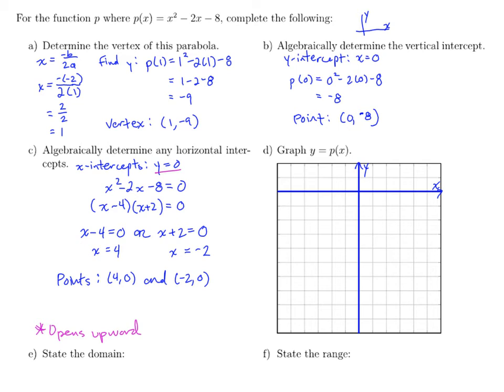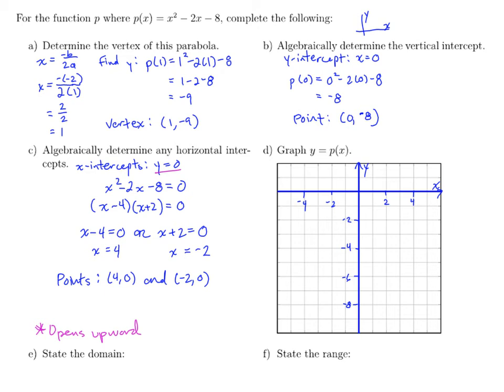Now the way that I've drawn them, I'm going to make each unit worth, or each tick mark worth 1 unit, so I'll scale off. At 2 tick marks I'll write a 2 on the x-axis, and at 4 I'll write a 4, and I'll do the same in the negative direction. I'll mark off negative 2 and negative 4. For the y-axis, I'll mark off negative 2, 2 units below that x-axis, and then negative 4, negative 6, and negative 8 I'll mark off.